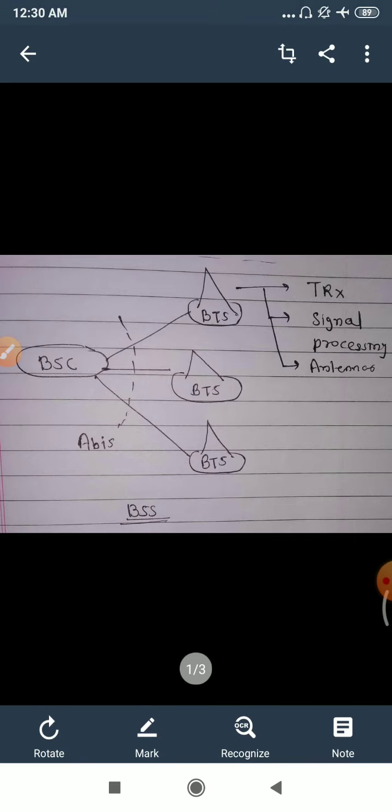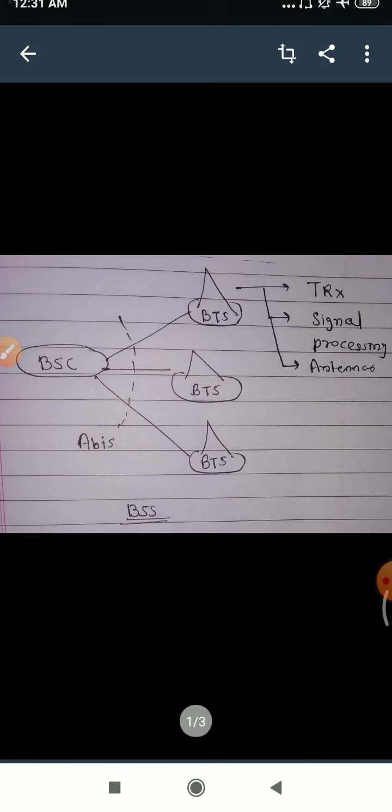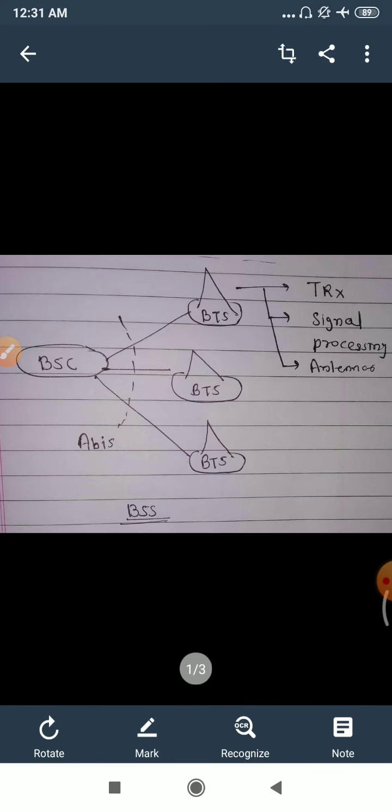Now, here you can easily understand. One BSC unit is connected to a number of BTS units, right? So, for easy understanding, you can consider this BTS as simply the mobile tower in your area. Suppose you are present in a particular location or zone. For that particular zone, we have one mobile tower, right?